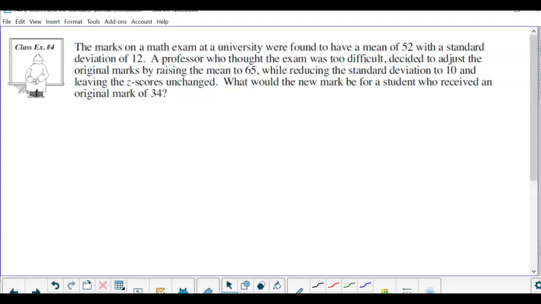So what would the new mark be for a student who received an original of 34? You want to think about the z-score for 34. Where does that person who earned a 34 stand in the class? 34 is his or her mark, minus the original mean on the test, 52, over the original standard deviation, 12.